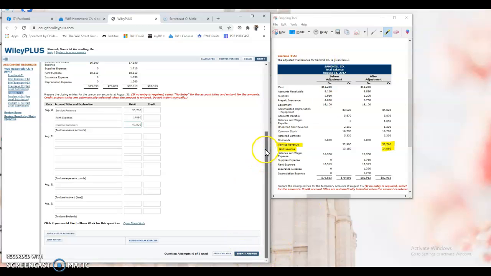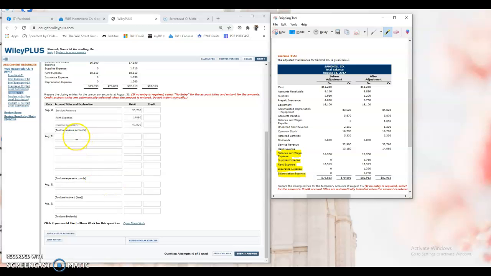And then our second step is to know the adjusted amount for expenses. Let me just erase this one first. As we can see here, we have salaries and wages expense, supplies expense, rent expense, insurance expense, and depreciation expense.